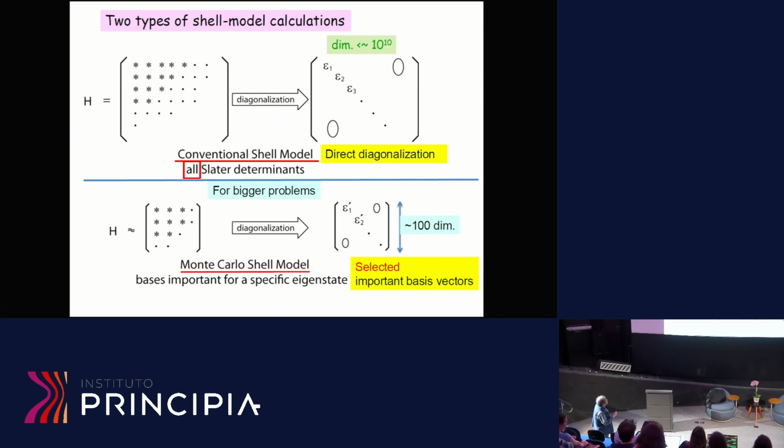Beyond this limit, it's very difficult to diagonalize this Hamiltonian matrix. So for bigger problems, we can take this Monte Carlo shell model. In this case, you can optimize many-body basis vectors, and you can pick up only important ones for specific eigenstates. So then you end up with about 100 basis vectors. They are all optimized for the problem you are trying to solve.